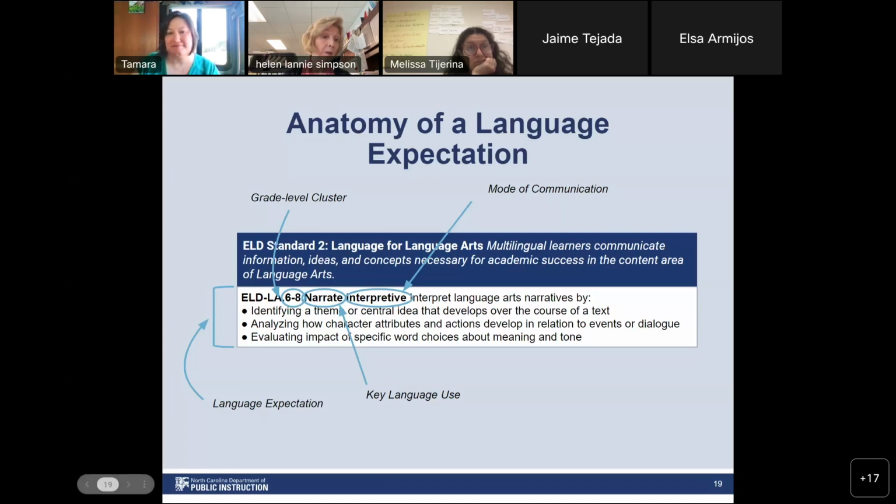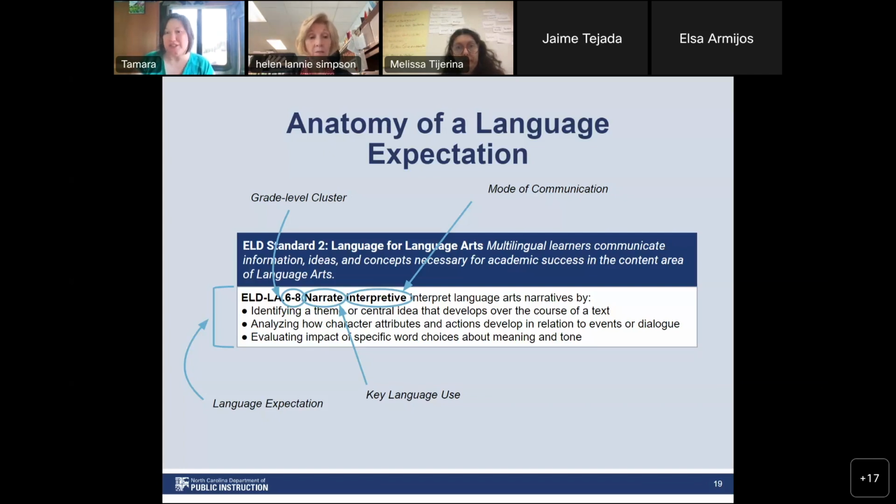And Tamara, as a former language arts teacher, I'm sure these language expectations really ring true to what you know as a former ELA teacher. Yes.